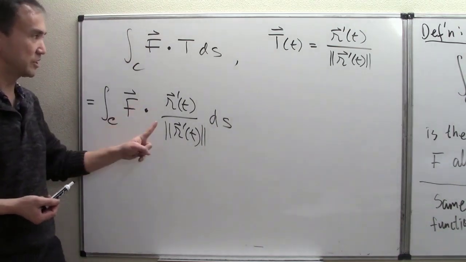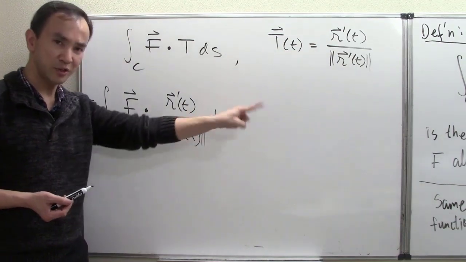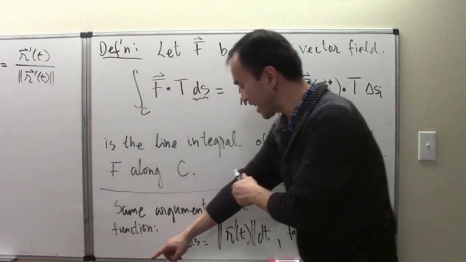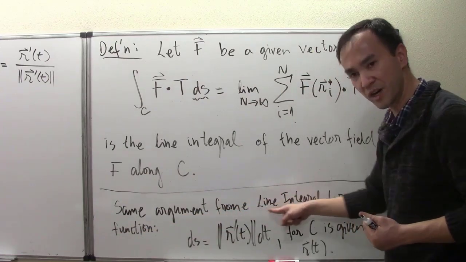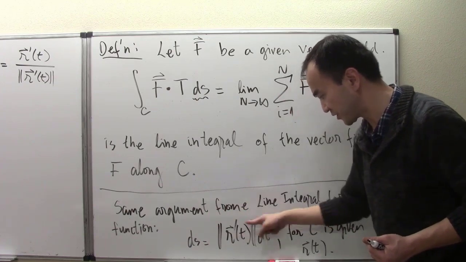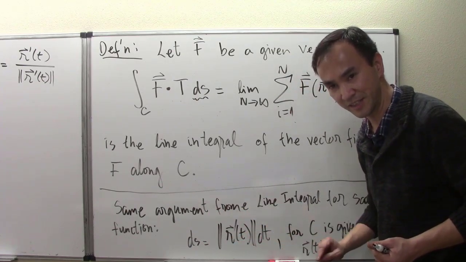It's simply a substitution of this expression for T. And further, according to what I had on the board earlier, same arguments from the work we did for line integrals of scalar functions, ds is the magnitude of R prime of t times dt.